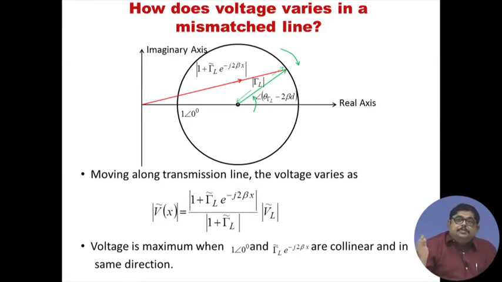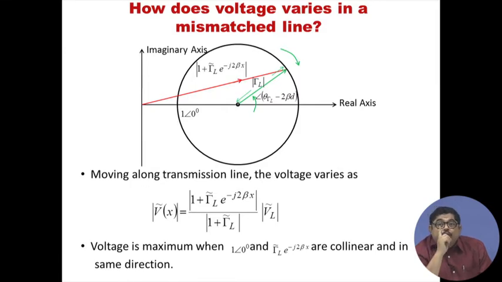You know that in a transmission line, if I move along the line from the load towards the generator, the voltage changes everywhere; that is called line voltage. The current is also changing everywhere, the line impedance is also changing, and the line reflection coefficient also changes.